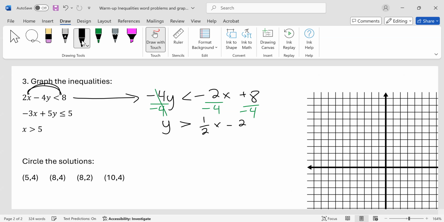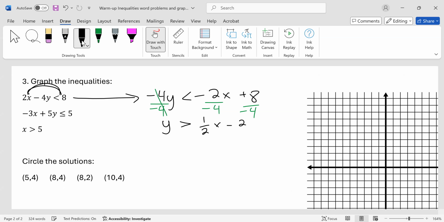And what kind of line do I draw? A dashed line. It should be a dashed line, not a solid line. Okay, this is a greater than symbol, so you should be shading above. You should shade lightly because we want to see what part's double shaded. In this case, triple shaded because we're going to do 3 different graphs.